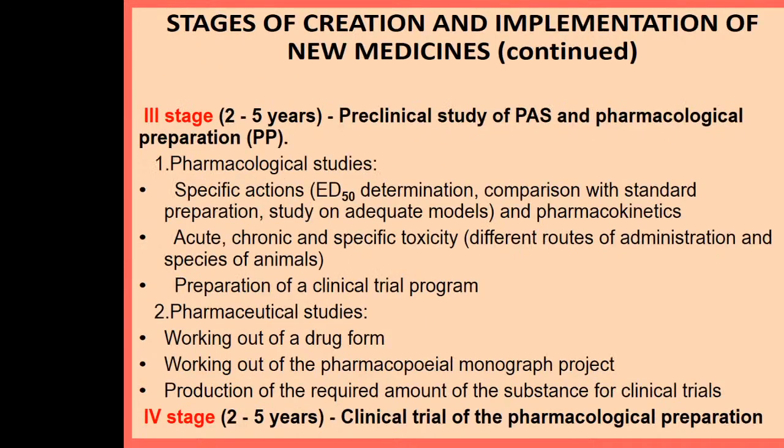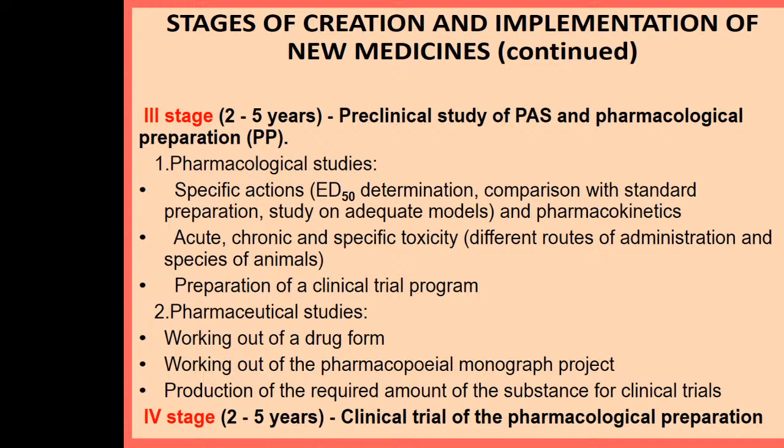Third stage, preclinical study of pharmacologically active substance and pharmacological preparation. I told you in the beginning that the drug, or pharmacological preparation, is one or several drug substances produced in a special drug form.